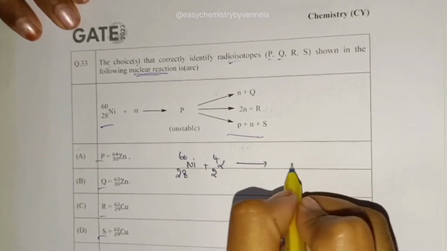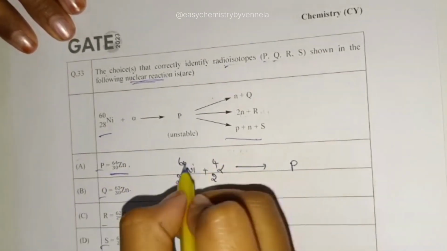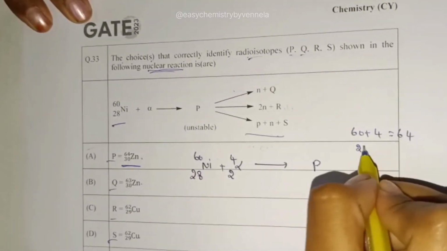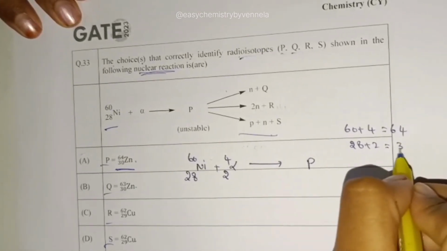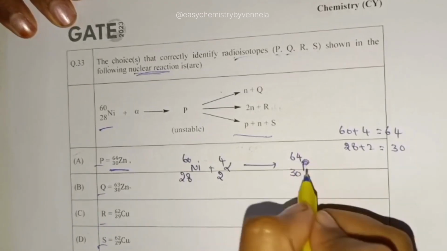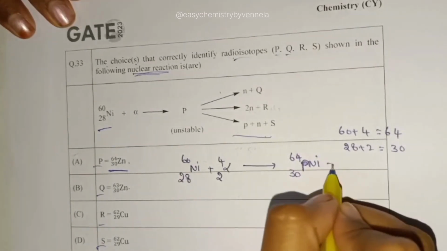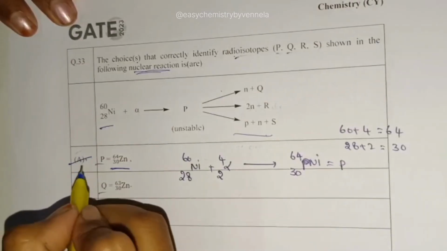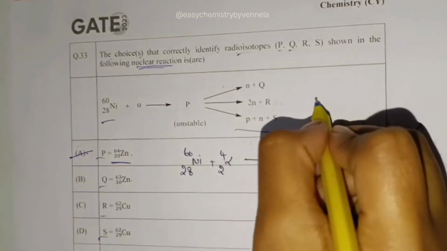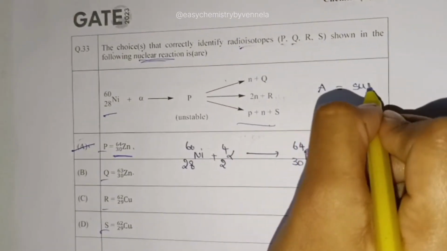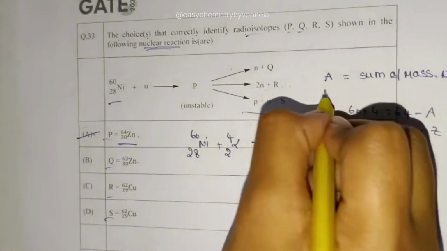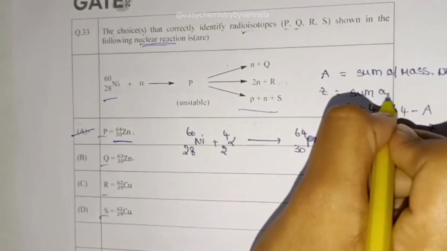Here P forms 60 plus 4 is equal to 64. 28 plus 2, 30. 64, 30. What is the atomic number? 30 is nickel, so P is nickel. So this is correct. Here it is A and it is Z. A is equal to the sum of mass numbers. Z is equal to the sum of atomic numbers.